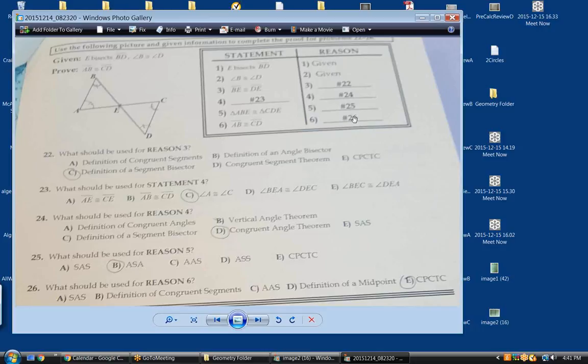What's the reason for number 6? Well, we know the whole triangles are congruent, so it's CPCTC. Exactly. Corresponding parts of congruent triangles are congruent.